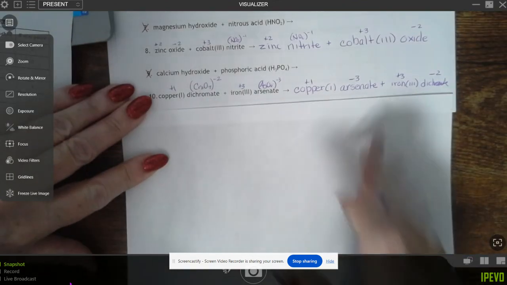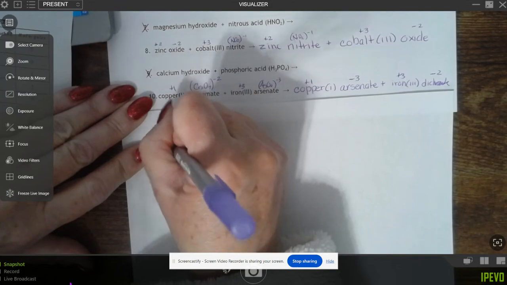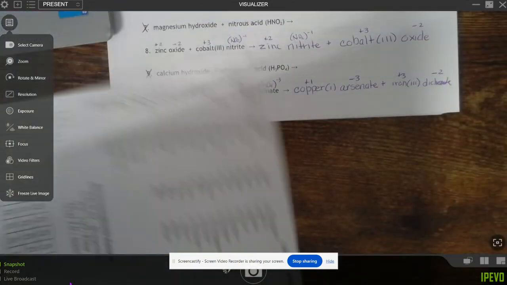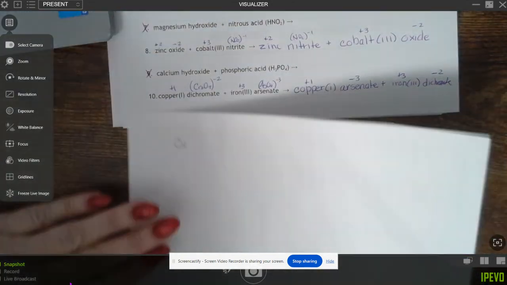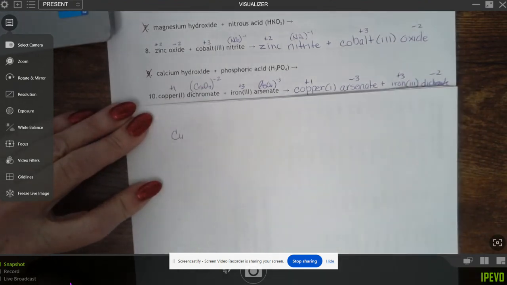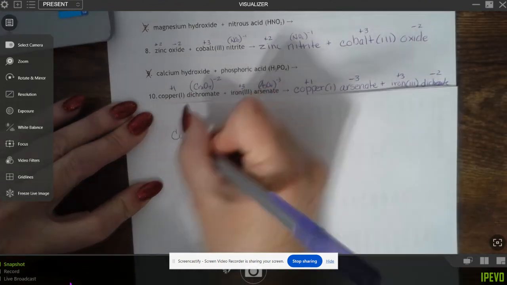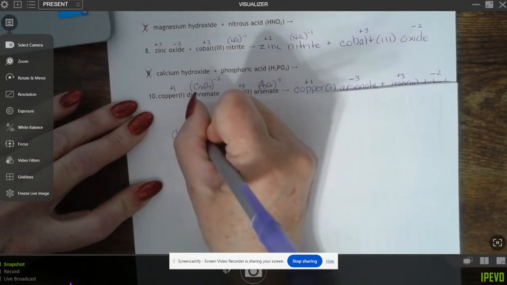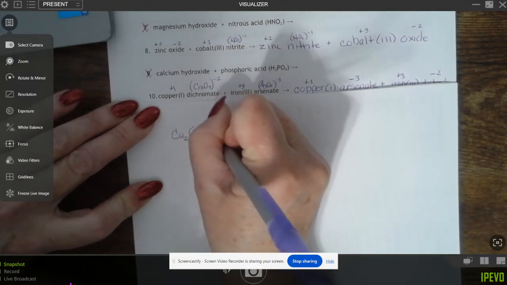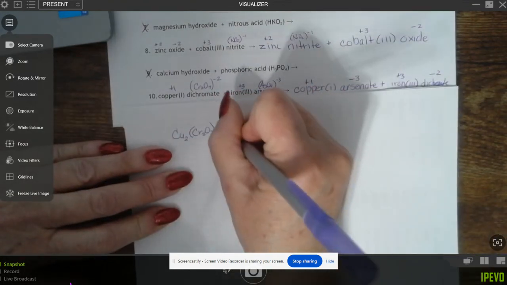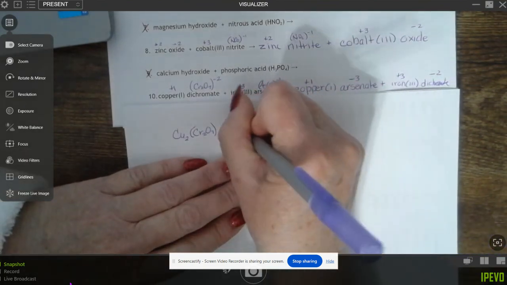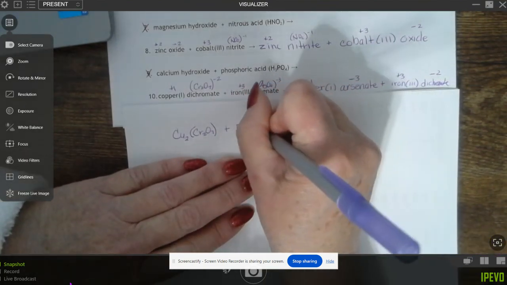All right, so we have copper 2, Cu2Cr2O7, plus FeAsO4.